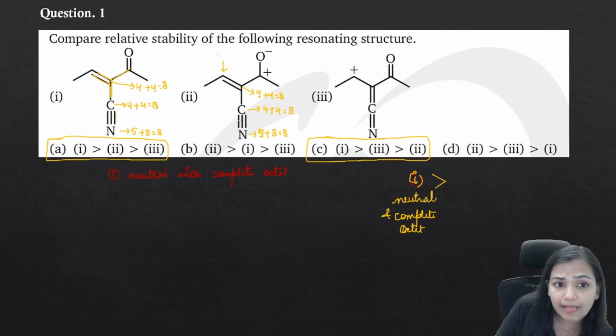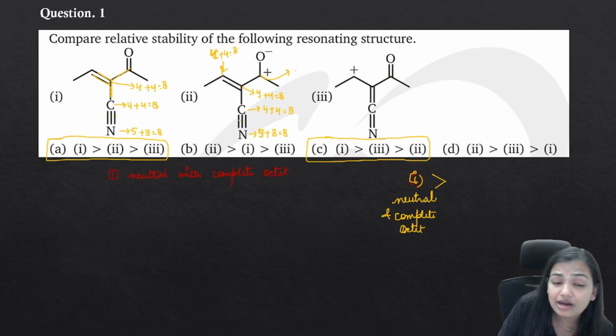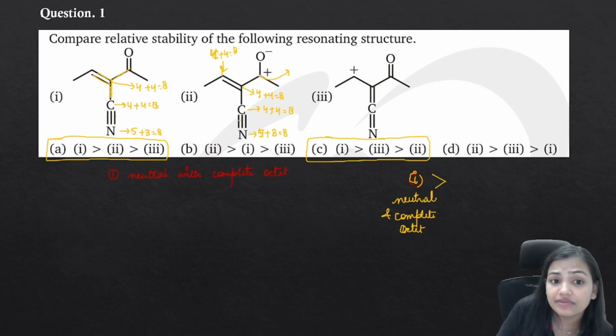Again this carbon has four electrons, and 1, 2, 3 from sharing, and of course one hydrogen to balance its valency. So 4 plus 4 is 8. If you look at this particular carbocation, guys, carbocations are usually 6 electron species, and you can even calculate it. Over the carbon we have 4 minus 1, and only 3 electrons undergo sharing, so this is a 6 electron species.